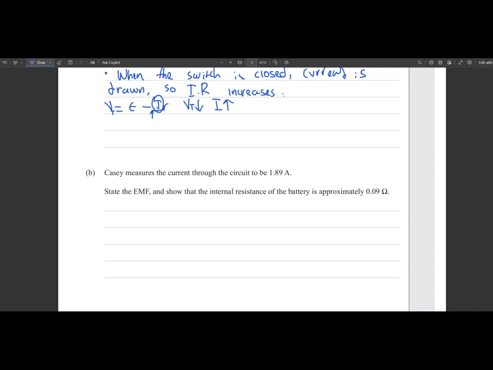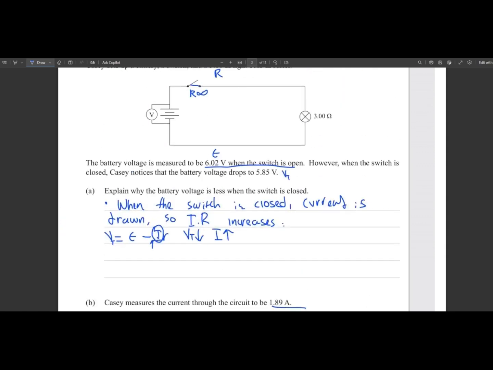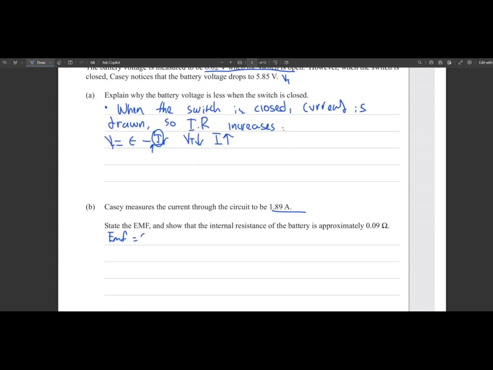Okay, Casey measures the current through the circuit to be 1.89 amps. State the EMF: our EMF is 6.02 volts.